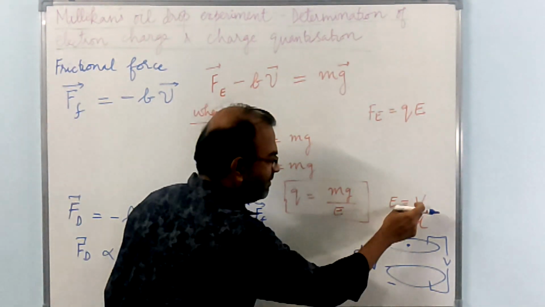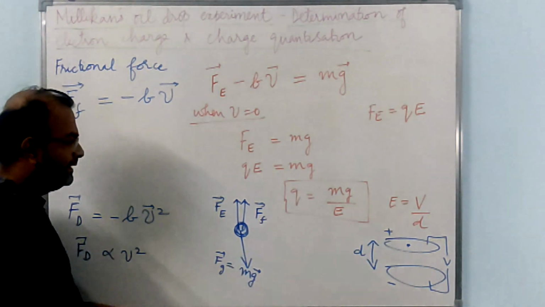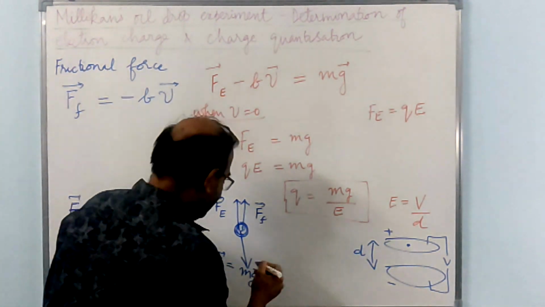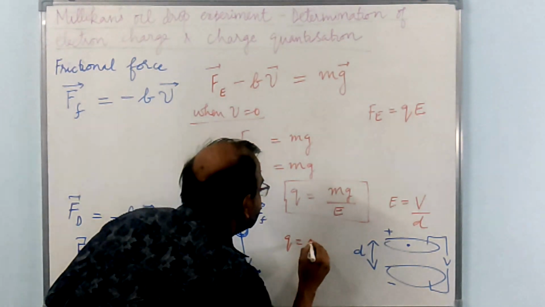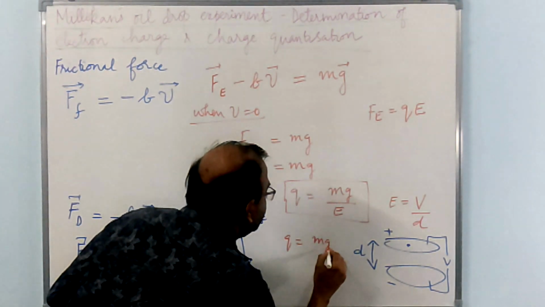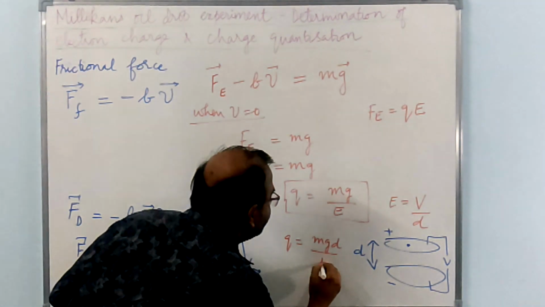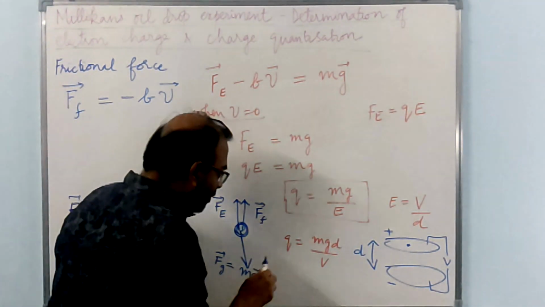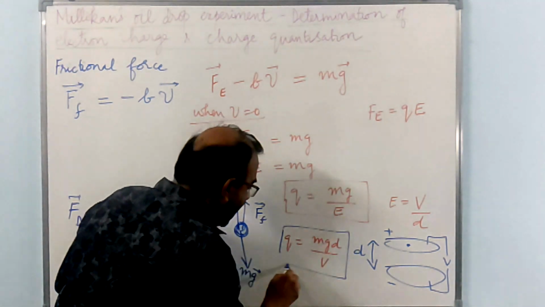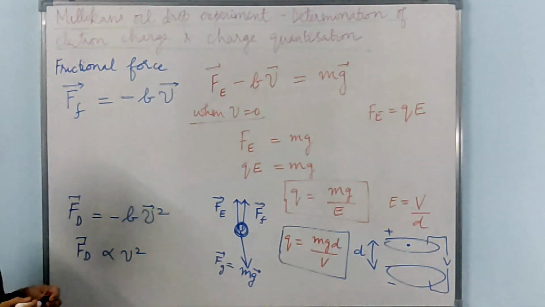So the electric field is given by V over d. Now substituting that here, we can write q equals mg d over V. So the only unknown in this equation now becomes the mass of the oil drop.